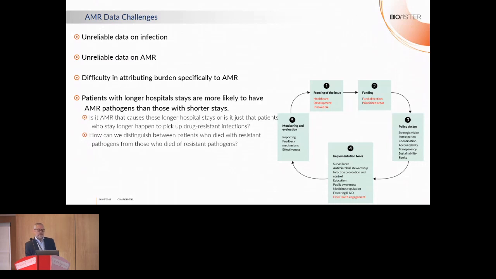How can we distinguish between patients who died of resistant pathogens or those who died with resistant pathogens? Just because you've got an AMR pathogen isolated from the person, that's not necessarily the infectious agent causing the disease. And it doesn't have to be the microbe that's there in the highest numbers.